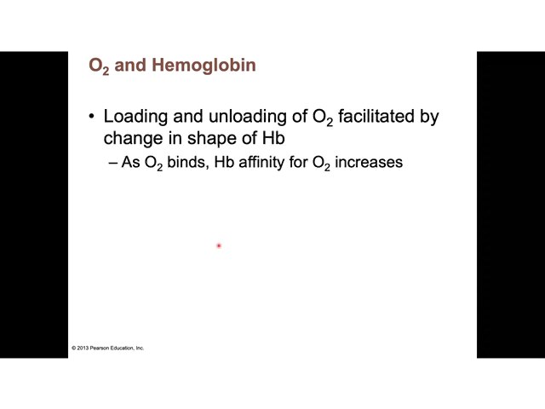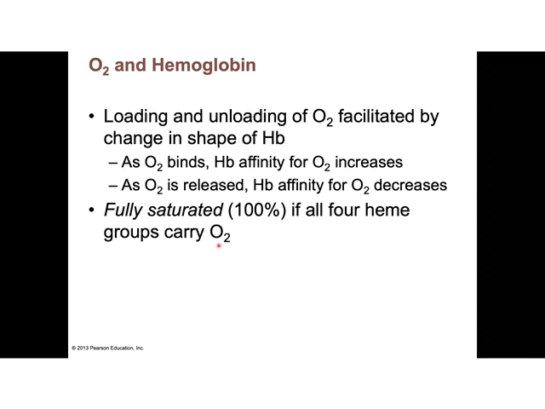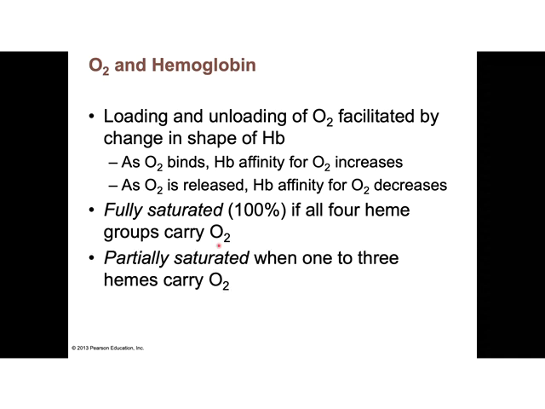Loading and unloading of oxygen is aided by changes in hemoglobin. The Bohr and the Haldane effect come in here. Hemoglobin is interesting because conditions that prevail in tissues produce changes in hemoglobin shape that make it more likely to unload its oxygen.